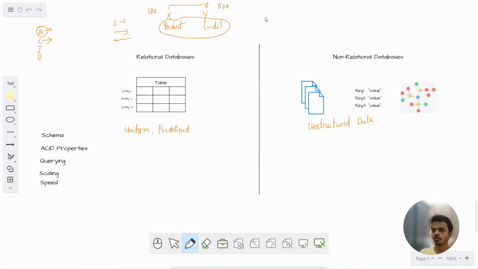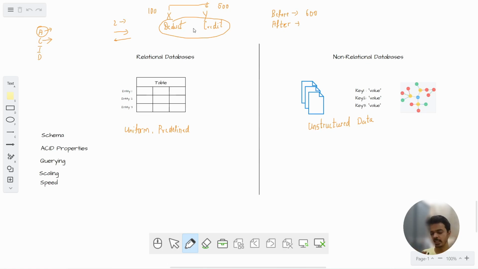So before the transaction, the total amount in X and Y was 600, and after the transaction the sum of amounts present in both X and Y should also be 600.